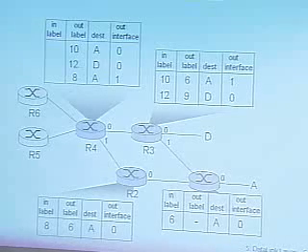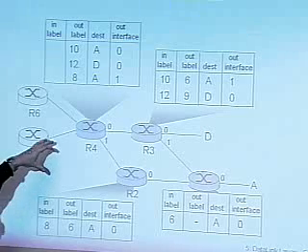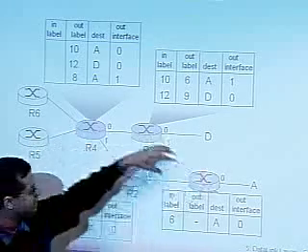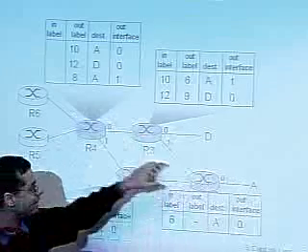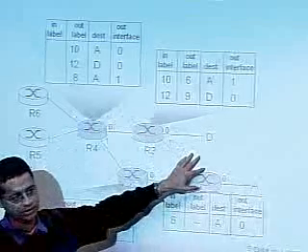Why would you have a scenario like this? Well, what we spoke about earlier. You could use it for load balancing. So you'll send part of the traffic that is destined for A along this route, part of the traffic that is destined for A along this route.